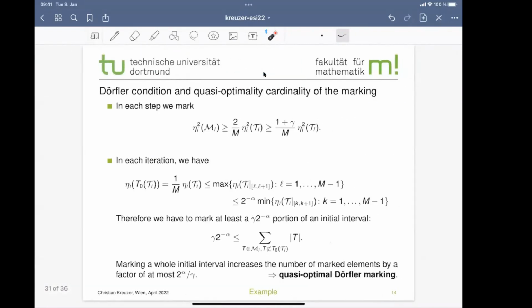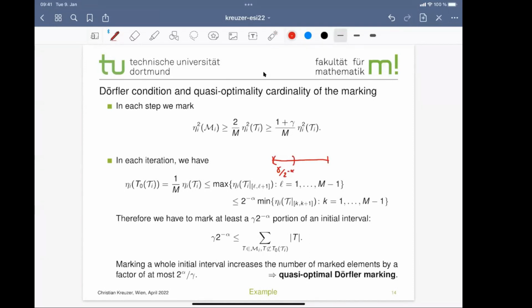Well, in each iteration, and now that's basically the trick here, if you have such a unit interval, you need to at least mark gamma divided by 2 to the minus alpha portion of this interval, okay?